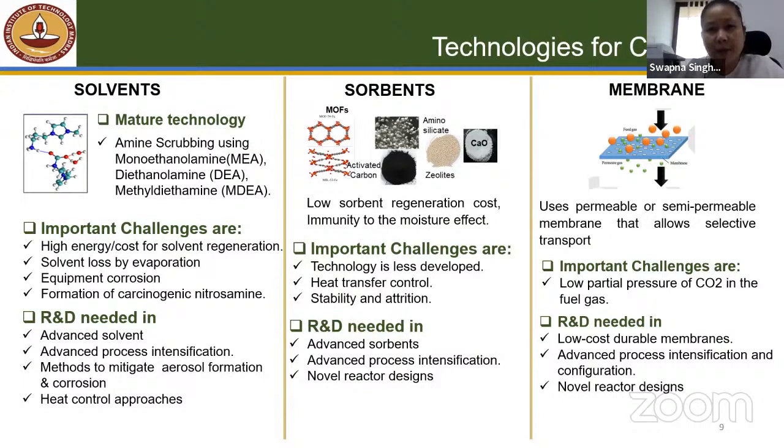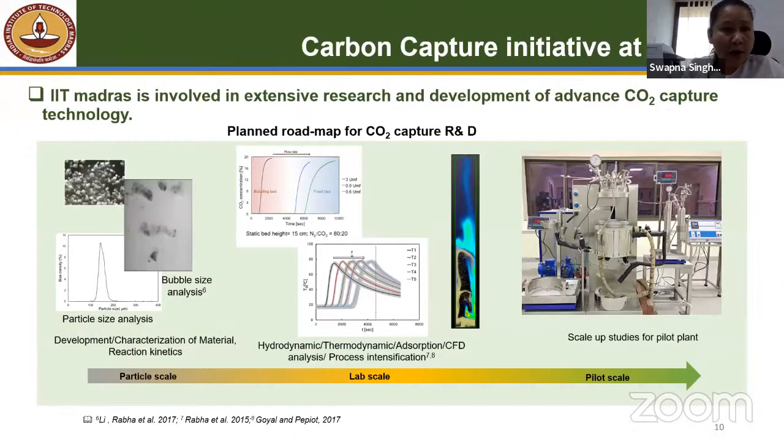So these are a few challenges and R&D needs for different technologies of CO2 capture. However, some work has been going on all over the world, and there is also an initiative in CO2 capture at IIT with absorbent material, and also with the help of CFD.